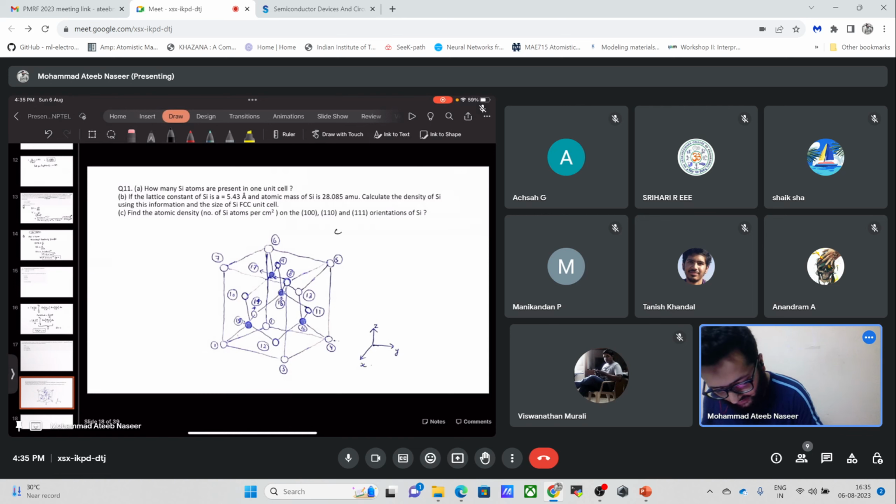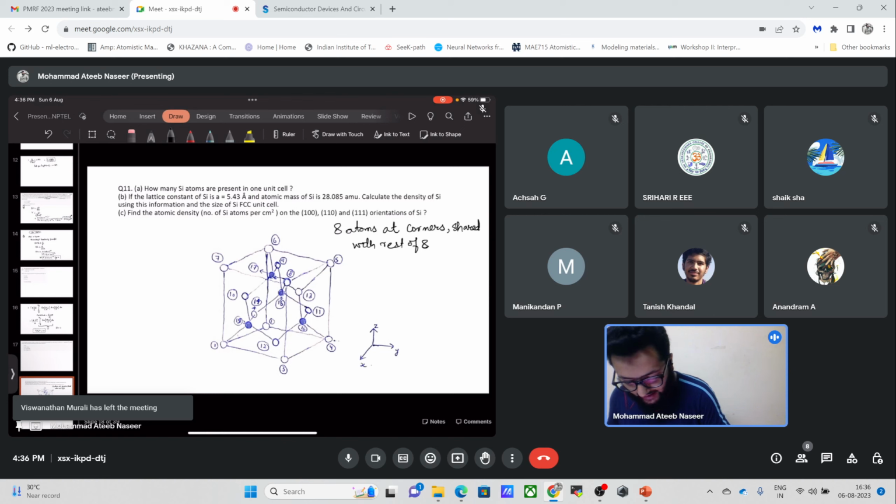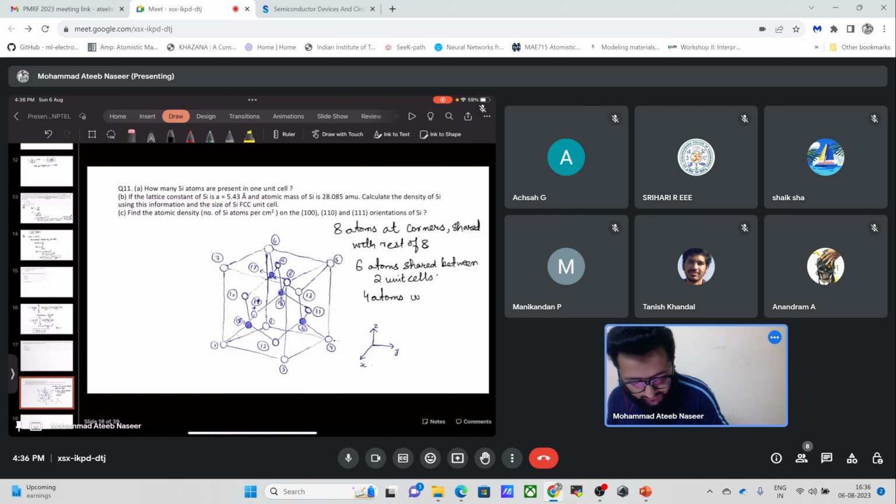It would be 8 atoms at corners, shared with the rest of 8. Then 6 face atoms, shared between 2 neighboring unit cells, and 4 atoms within the unit cell.